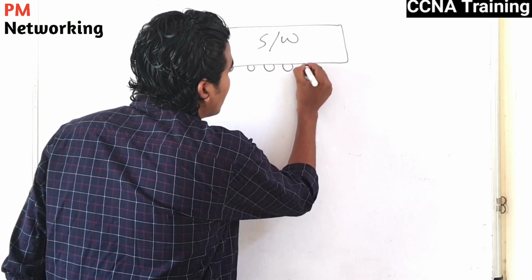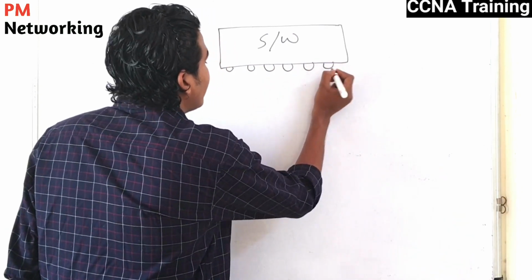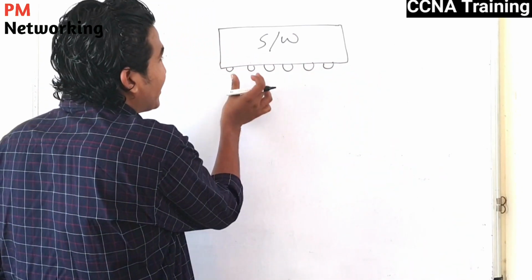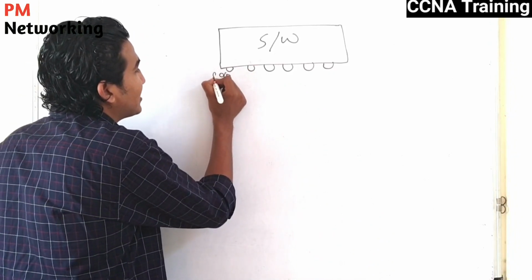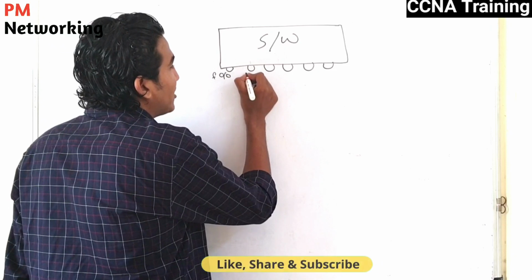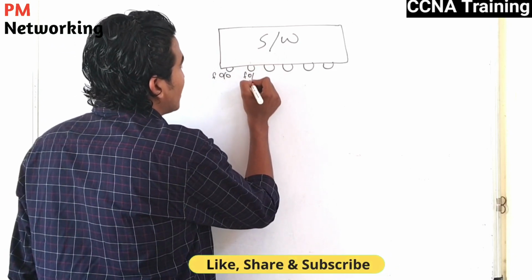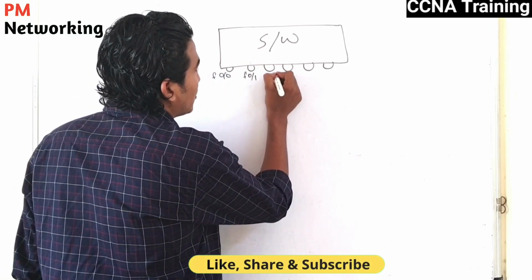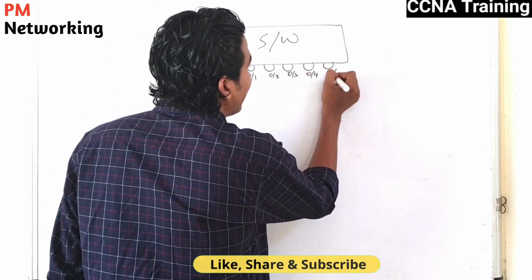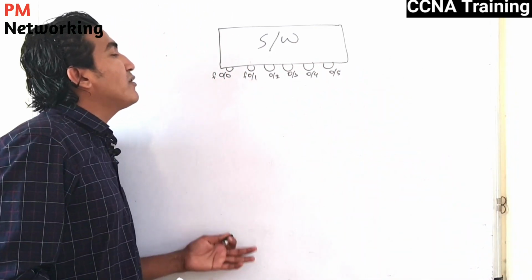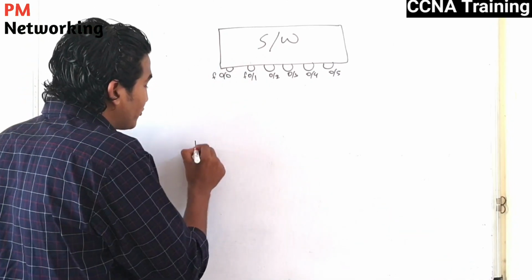Suppose this is a port of the switch, and the port ID of this interface is FastEthernet 0/0. The port IDs of the other interfaces are 0/1, 0/2, 0/3, 0/4 and 0/5, right?